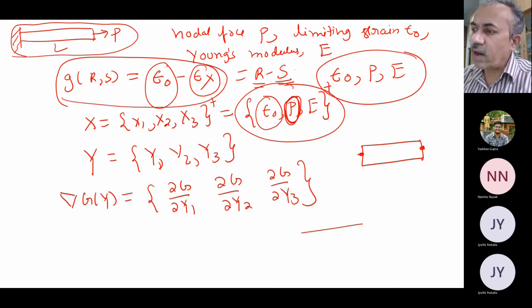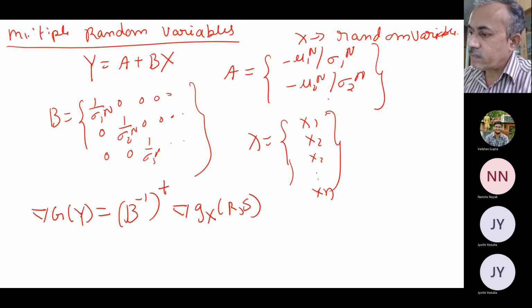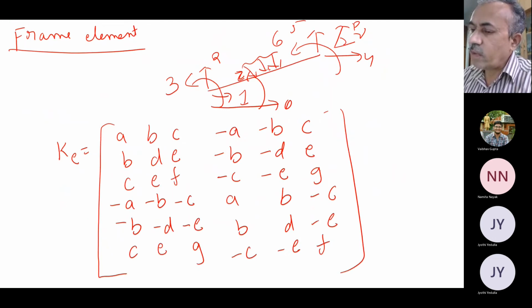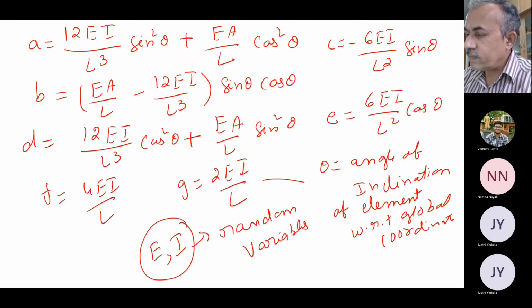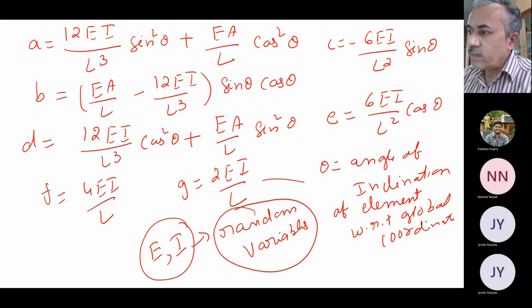So we are assuming that they are all, what type of variables are they? Deterministic or stochastic? Like this derivative you have to do with respect to normal, whatever you have told, fine. But you have to take the derivative with respect to what? Random variables. Random variables only.